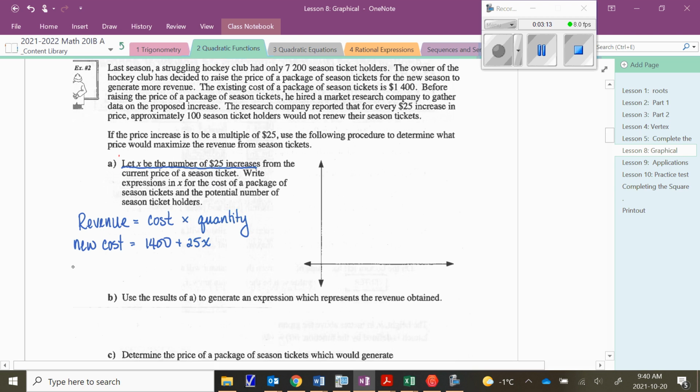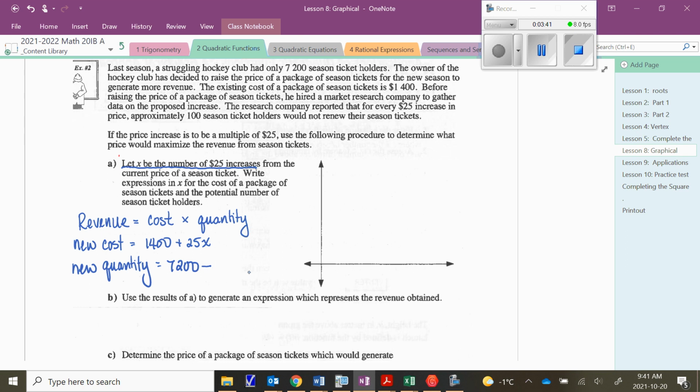Then that also affects our quantity. Our new quantity will be 7,200, our current number, and it's going to decrease by 100 every single time we increase the price by 25. So if we increase it by 25 once, x equals 1, then we lose 100.